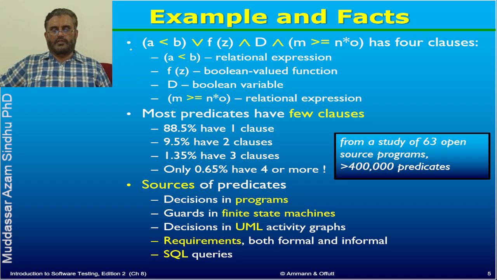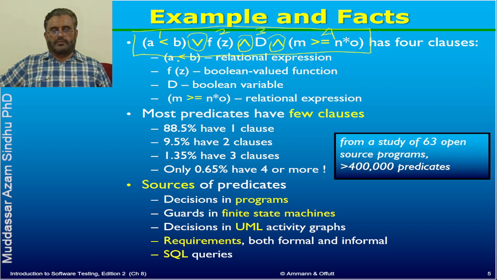For example, you can consider this predicate. It has 4 clauses. You can just mark these logical operators. So first part, second part, third part, and the fourth part. These are the clauses in this predicate.